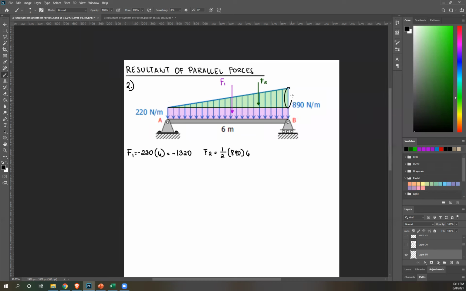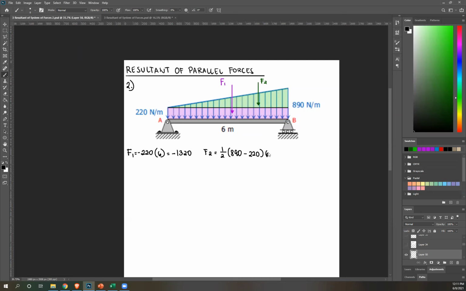I'm only concerned with this height, right? I'm not supposed to multiply by 890. Instead, it's 890 minus this, which is equal to 220. So 890 minus 220 times 6. Correct, it's negative 2010.